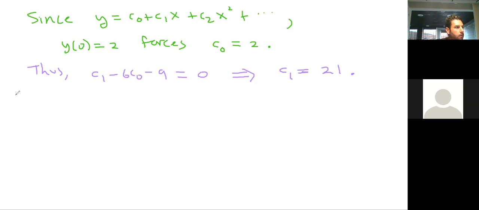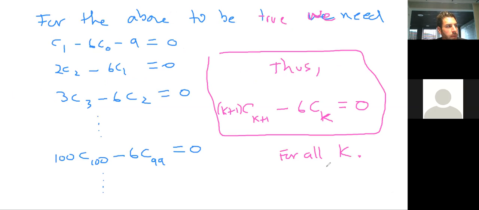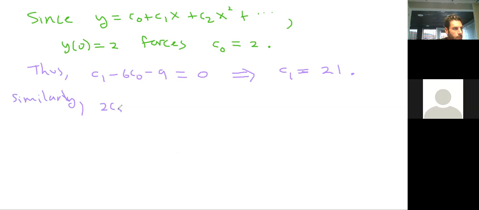Similarly, what can we say about these other guys? Well, we can easily take our time to get them. So it's 2c sub 2 minus 6c sub 1. If that equals 0, then that tells us that c sub 2, let's write it out more specifically, c sub 2 becomes 6 c sub 1 over 2.